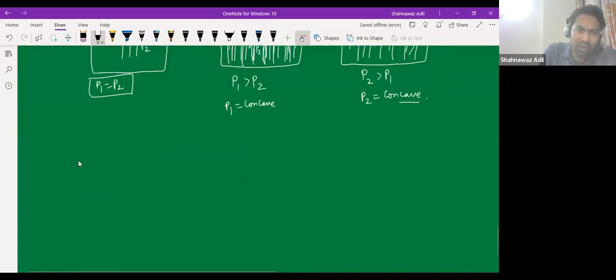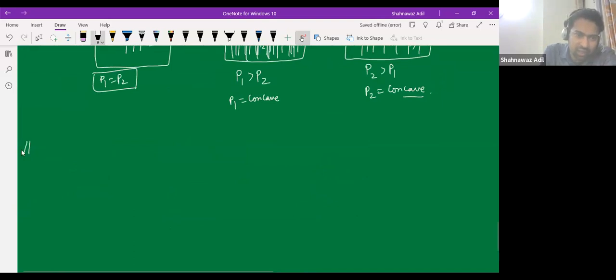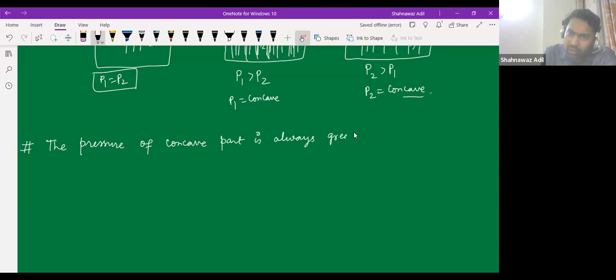So now we got this idea that the pressure of a concave part is always greater than the convex part.